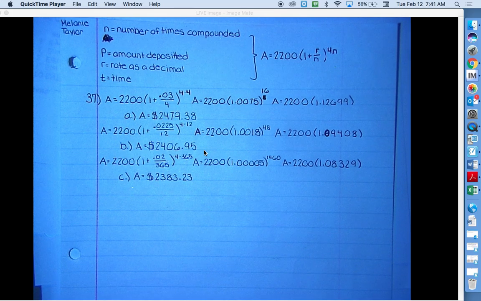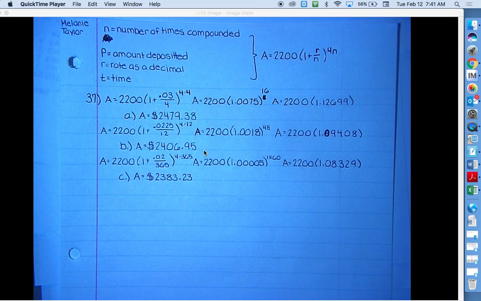And so the 0.03 comes from the 3% for letter A. And then when it says quarterly, that means you multiply the exponent 4 by 4. And then when you do the multiplication, you get $2,479.38.